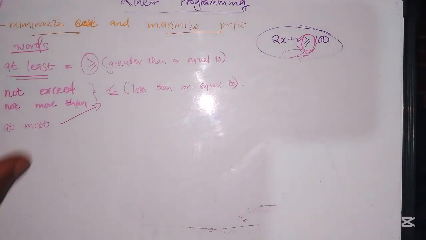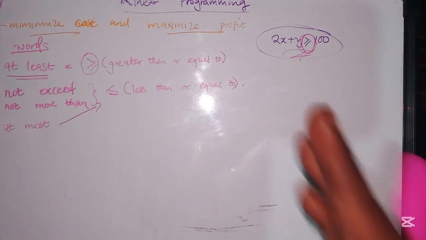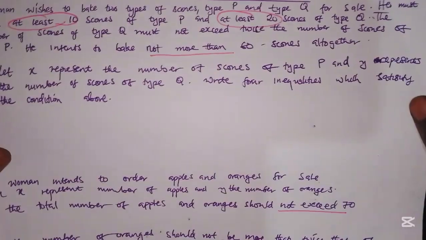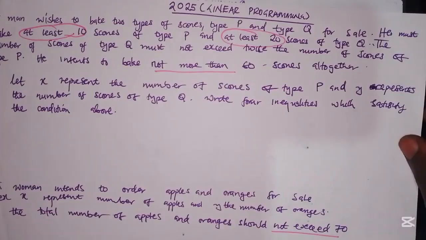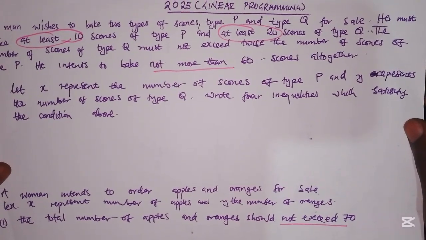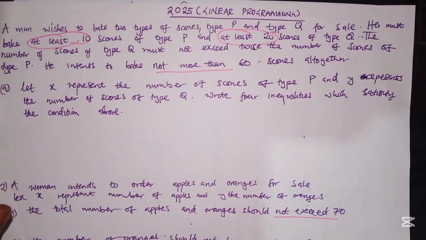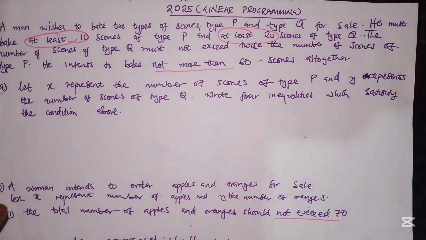So whenever you understand these four terms, you will never go wrong on linear programming. So now to conclude our video, we are going to look at these two examples which I picked in 2025 and also this one which we got from 2025 GCE.